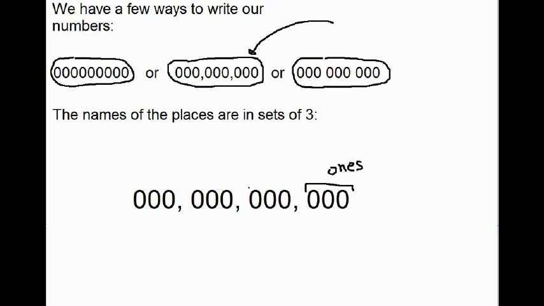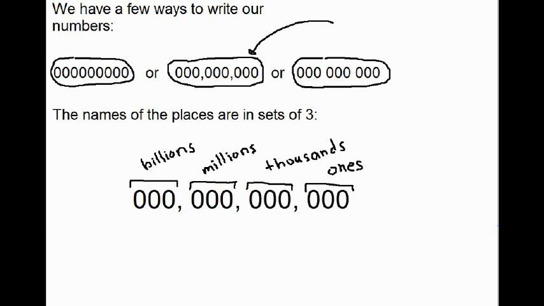And moving further to the left here, our next set of 3 places, that set is called the thousands. And continuing our way to the left here to even larger values, this set of values here is called our millions. And the biggest set that we have here, moving further to the left, is called billions.